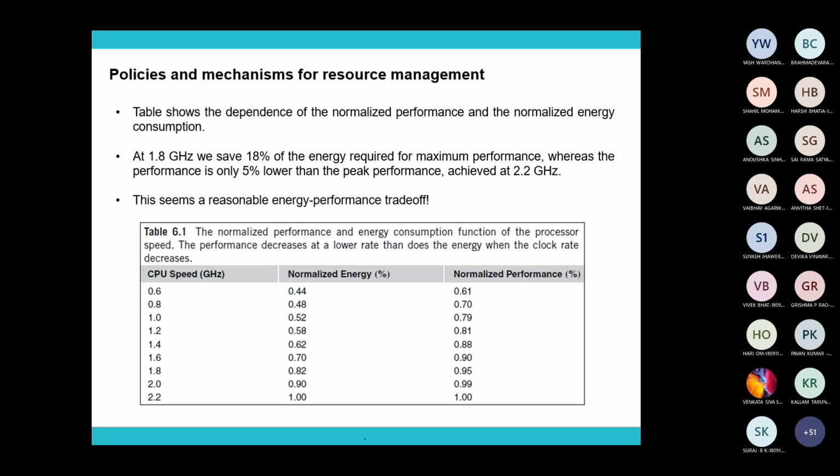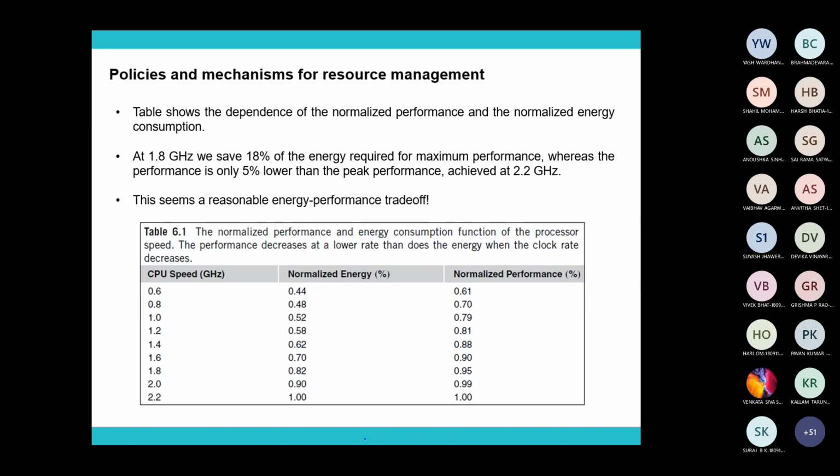Similarly, if you are ready for a performance of 0.95, you can see that energy consumption is reduced by 18%. Suppose you are ready for a 5% compromise on performance, there is an 18% reduction in energy consumption.